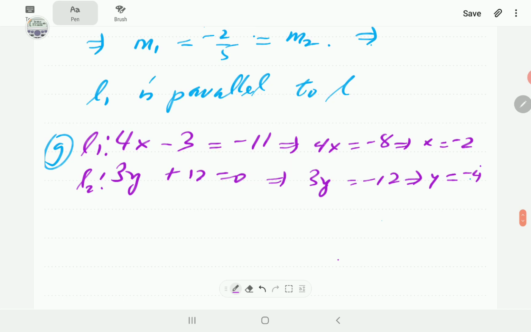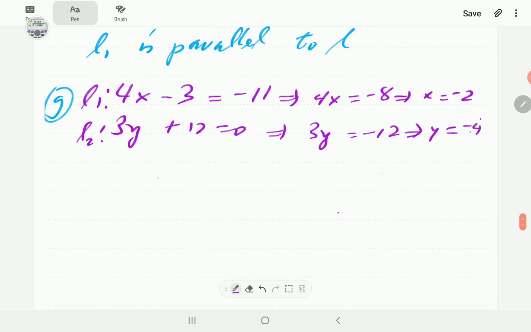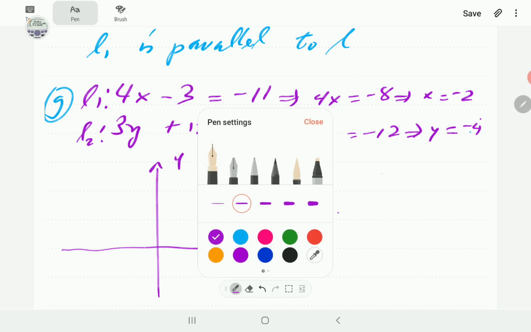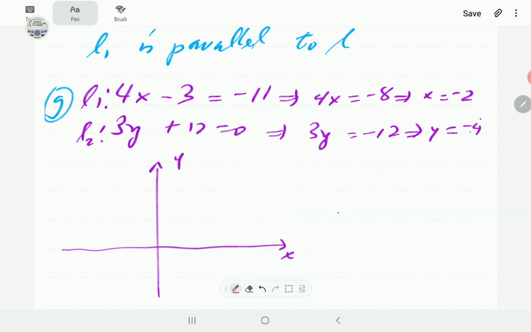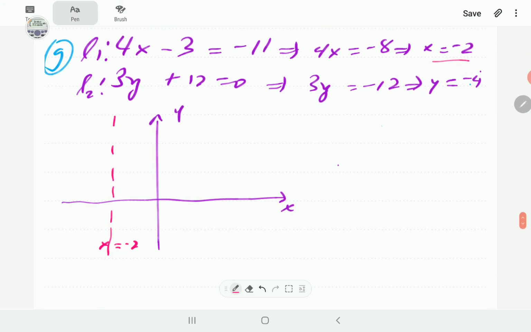So I've got these two straight lines now. If you have looked at our video on the equation of the straight line, part 1, then you will be aware that x lines are vertical lines. So x equals -2 is going to be a vertical line somewhere there. y lines are horizontal lines. y equals -4 is going to be somewhere there.